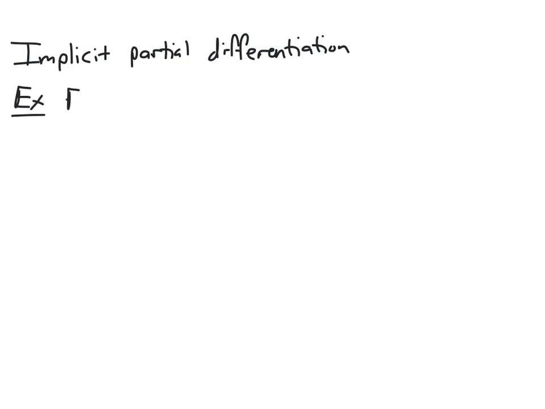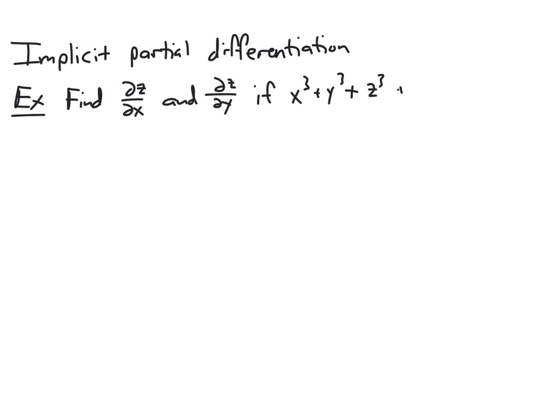So let's say we wanted to find del z del x and del z del y if x cubed plus y cubed plus z cubed plus 6xyz is equal to 1.